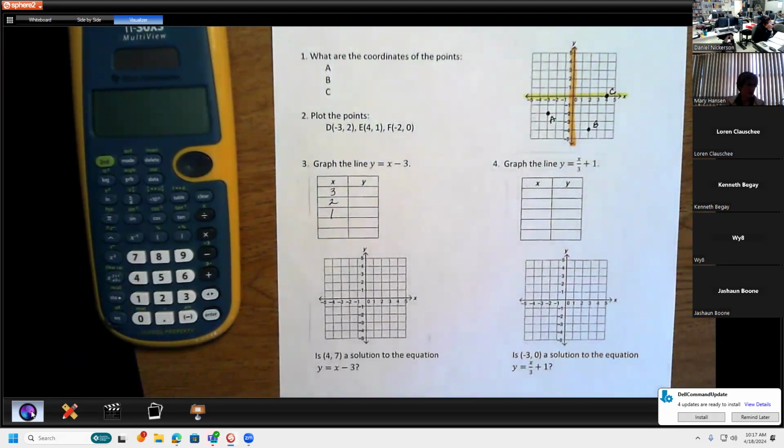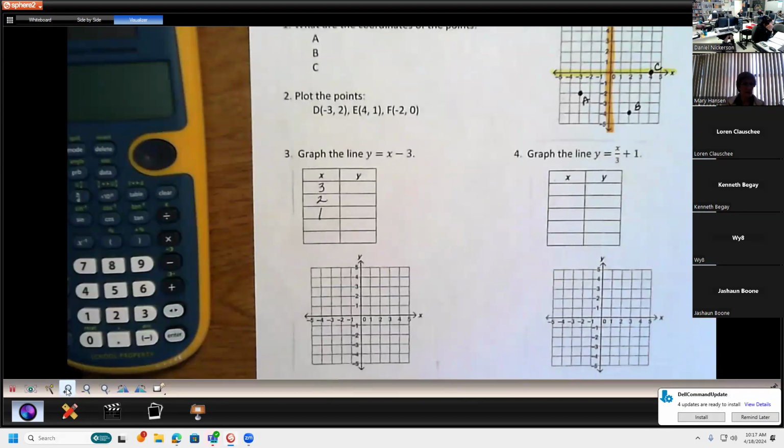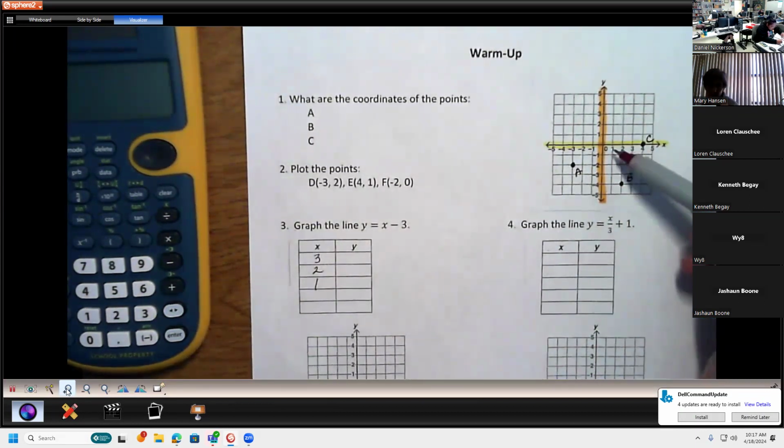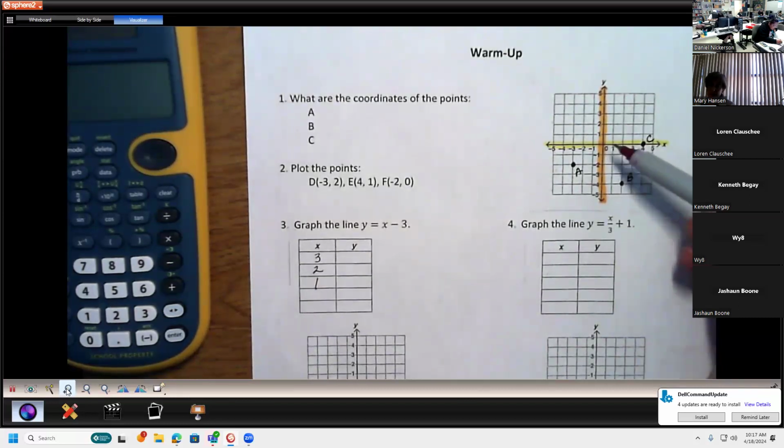The negative numbers are to the left, positive numbers are to the right. And the y-axis, the vertical orange axis, is like a thermometer. Positive temperatures are up, negative temperatures are below this middle area. This middle point, right where they cross, is called the origin. And that means beginning. Anytime we want to plot a point, we start at the origin.